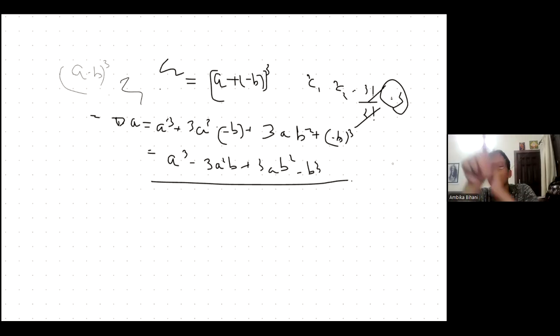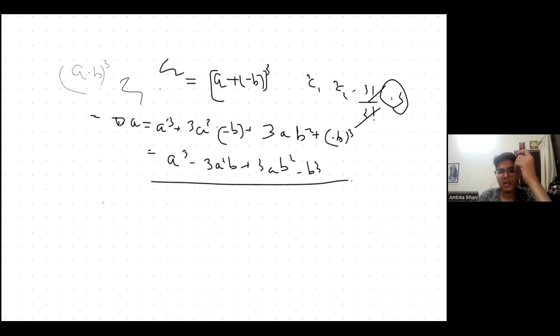Now observe the third term, 3ab square. We knew that b was negative, but the power of b was 2, and any even power will always be a positive value. I hope you understood this concept, and it is a very important concept in your JEE, and it has applications in various areas like cyclicity and remainders.